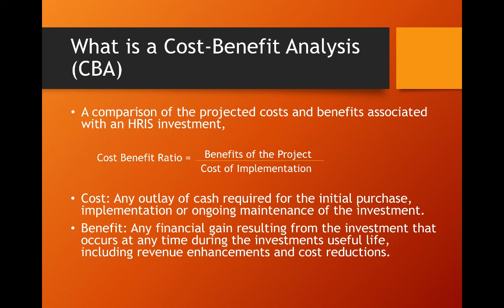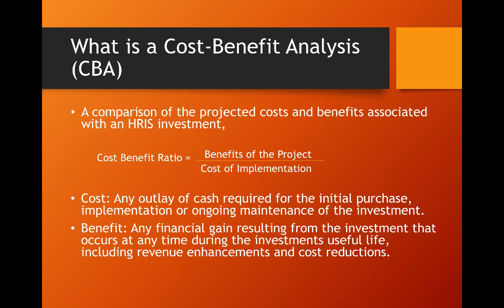There is a formula to do the cost-benefit ratio, which is the benefits of the project divided by the cost of implementation. The cost is any cash required for the initial purchase, implementation, or ongoing maintenance of the system investment. And then the benefits are any financial gain resulting from the investment, as well as some cost reductions that you may have.